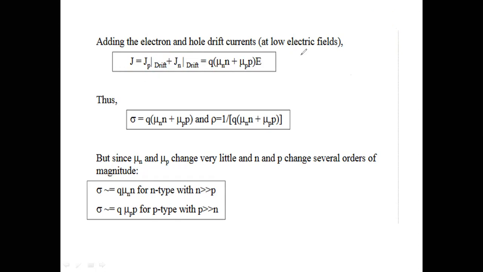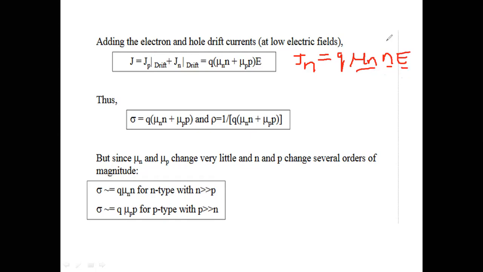Current density Jn, due to electrons, equals Q into mu n into n into E, where Q is the charge of the electron, mu n is the mobility of electrons, n is the concentration of electrons, and E is the electric field.